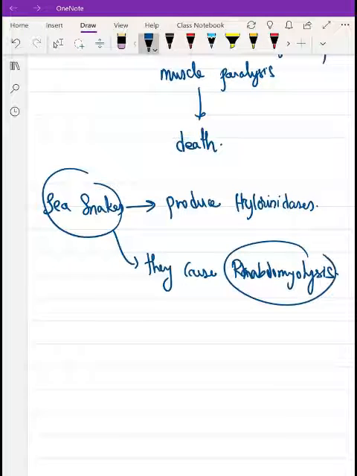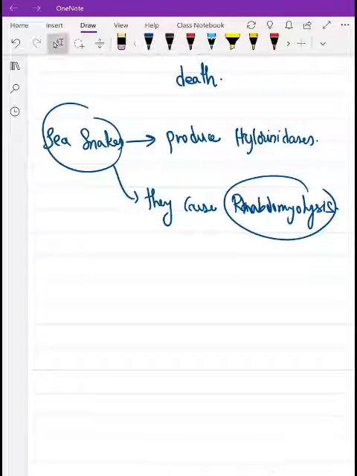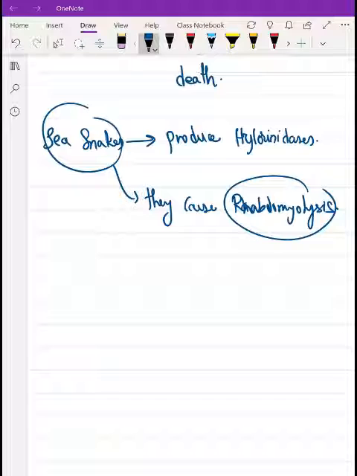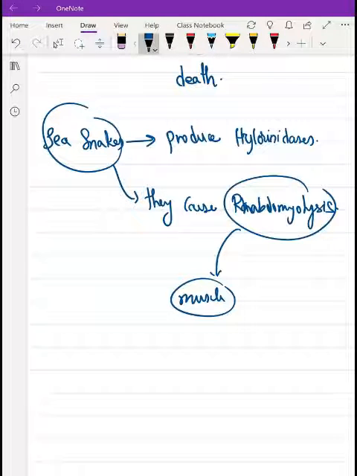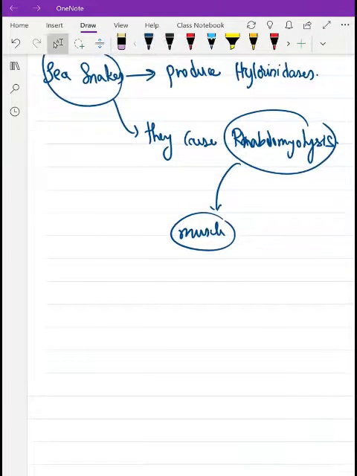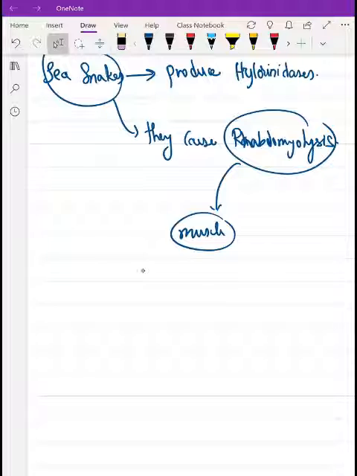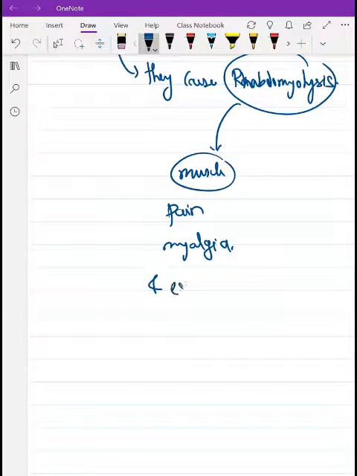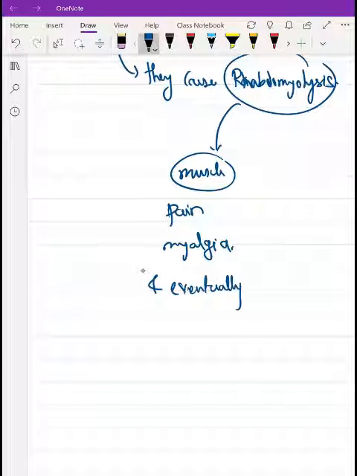These enzymes penetrate the connective tissue, that is muscles, and cause rhabdomyolysis. Rhabdomyolysis means breakdown of muscle. As muscle has high blood supply and nerve supply, its injury causes pain, myalgia, and eventually paralysis of the muscle.